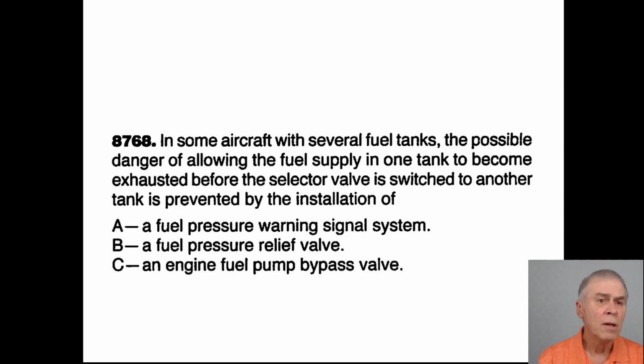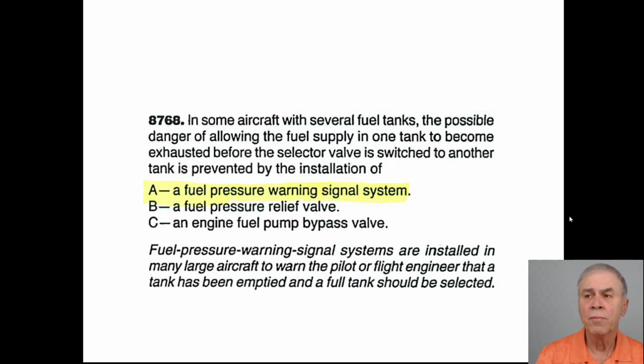No. Or C, an engine fuel pump bypass valve? Engine fuel pump bypass valve. If there's no fuel going into the fuel pump, it doesn't matter whether or not there's a bypass valve. So basically, to prevent one tank from becoming exhausted or emptied before you can switch to the other tank is A, the fuel pressure warning signal system.